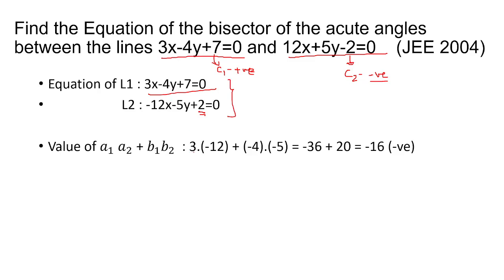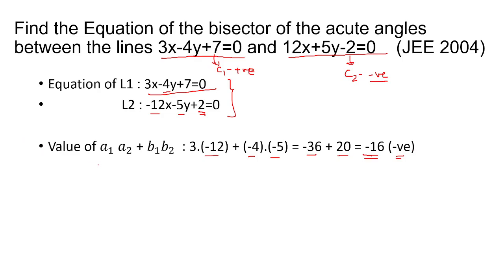We have calculated here 3 into minus 12 plus minus 4 into minus 5. So this becomes minus 36 plus 20 is equal to minus 16. Minus 16 is negative. So we have to take the positive or negative sign? Because it is already negative, we have to take the positive sign in the formula.